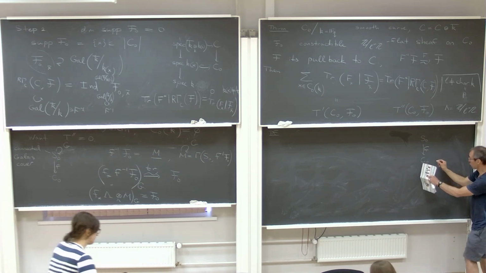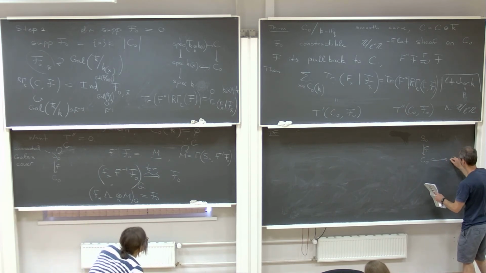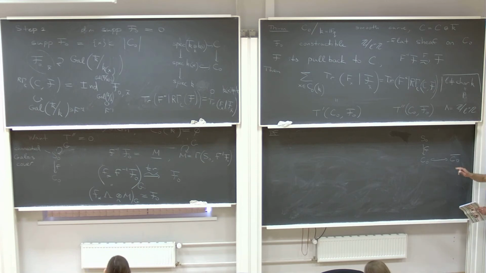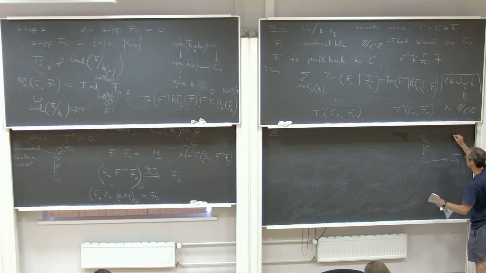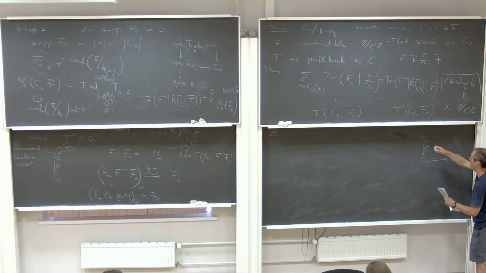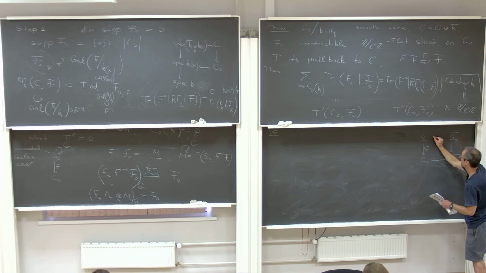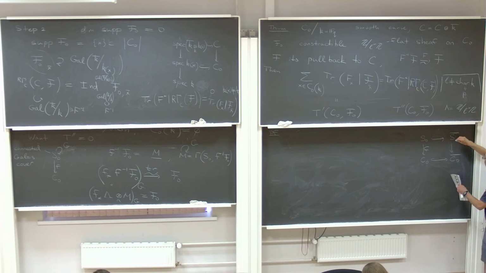So I can choose a smooth compactification of this curve. And I can also choose a smooth compactification. It's unique, right? It's the normalization of C0 bar here. And this is S0. So I arrive at the following situation where these are smooth projective curves.